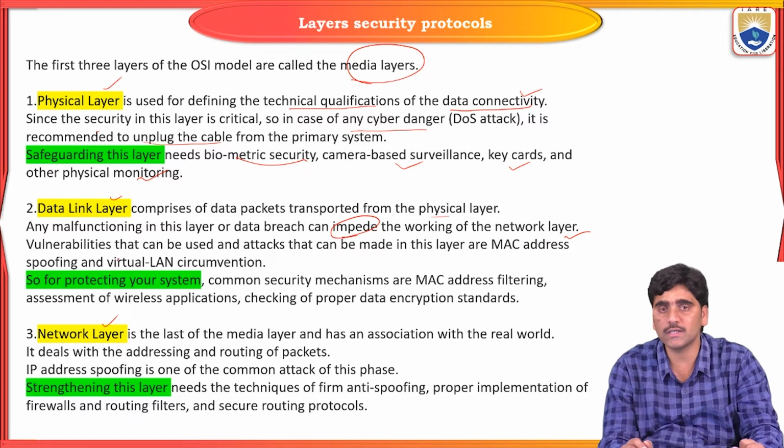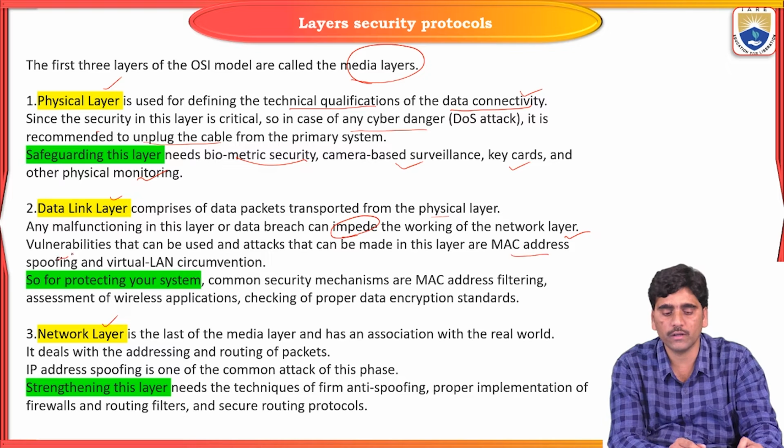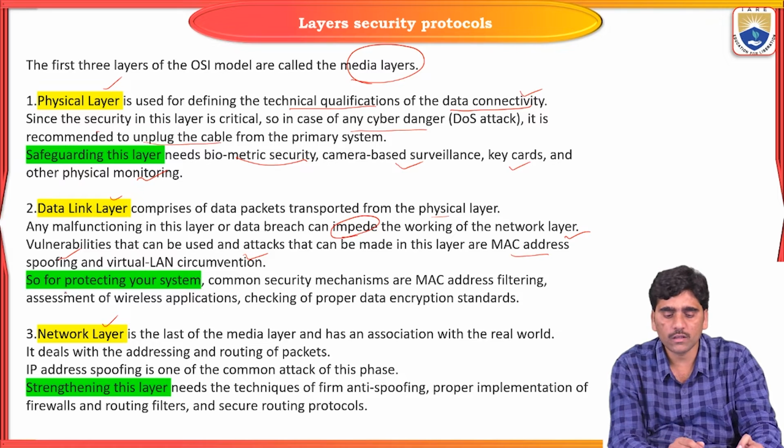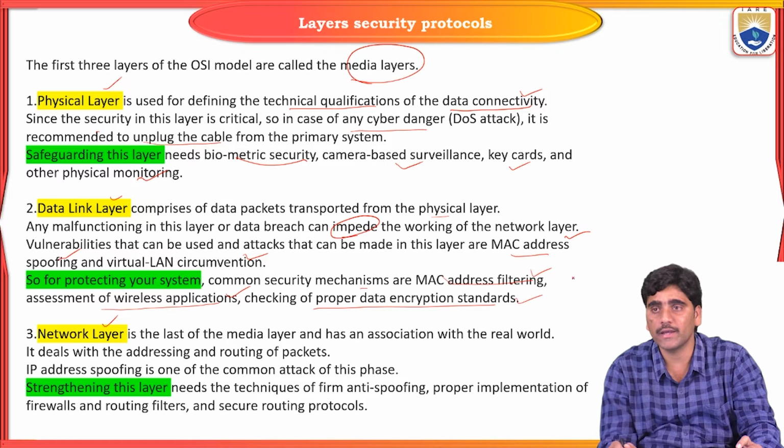The vulnerabilities and attacks that can be made in this layer are MAC address spoofing and virtual LAN circumvention. For protecting your system, the common security mechanisms are MAC address filtering, assessment of wireless applications, and checking of proper data encryption standards.